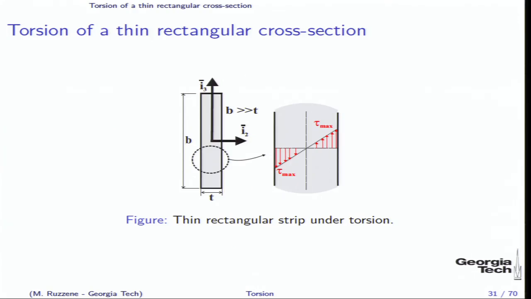Okay, so now because the variation is linear, the maximum for the shear stress will be at the boundaries. So the tau max will be at plus minus t over 2, and let's say we are taking only the positive one. When you substitute that in x2, you get 3 M1 over b t squared.